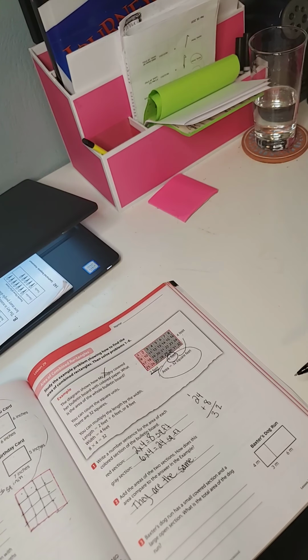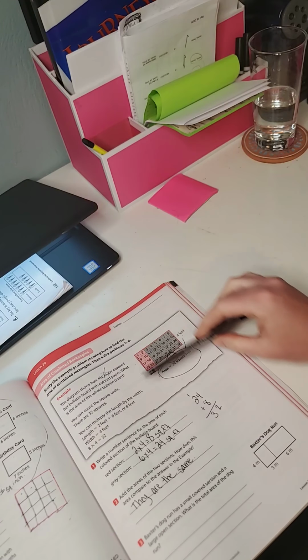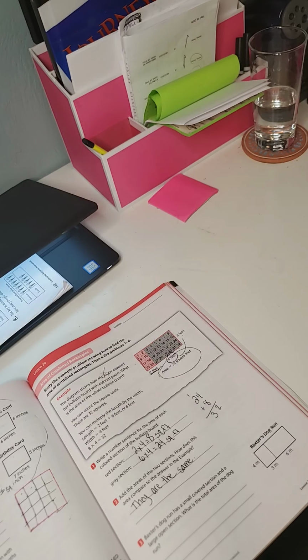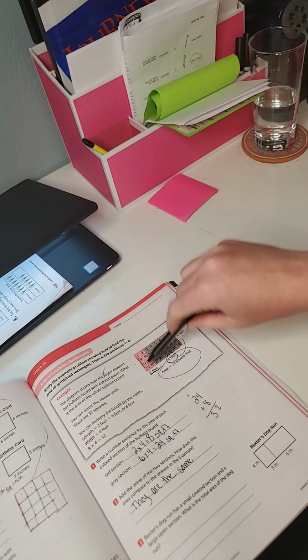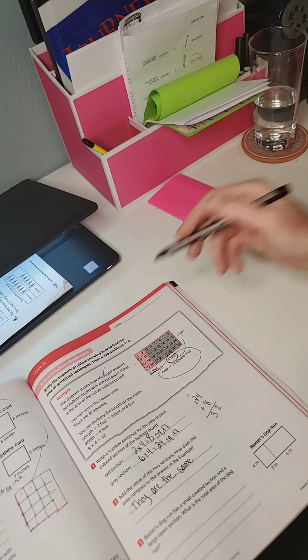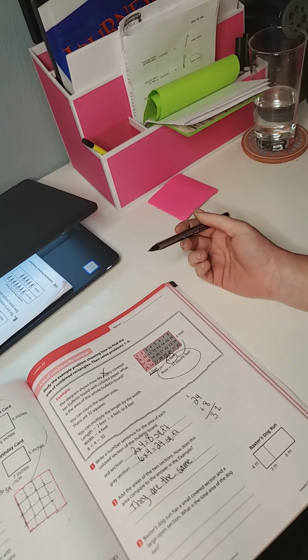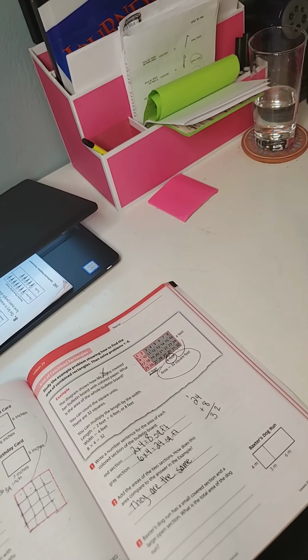So you really can, anytime you do this, if you are adding areas and it looks like a rectangle, you can do that either way. You could either add it ahead of time, like they did in the example, and then multiply it, or you could find the area of each of the shapes and add those together.